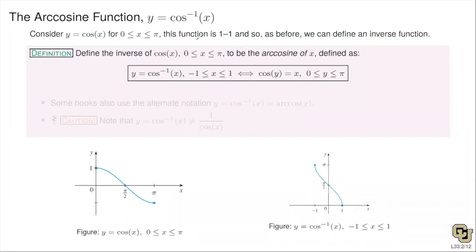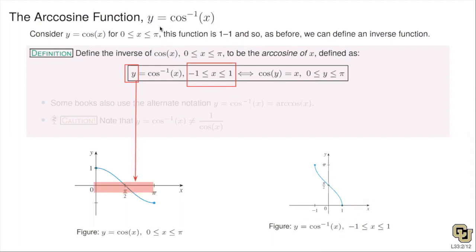And again, the domain and range stuff. So here, the domain of the arc cosine will be the range of cosine. The range of cosine is -1 to 1. And here, the range of arc cosine will be the domain of cosine, the restricted domain of cosine. And here we restricted the domain to be 0 to pi.